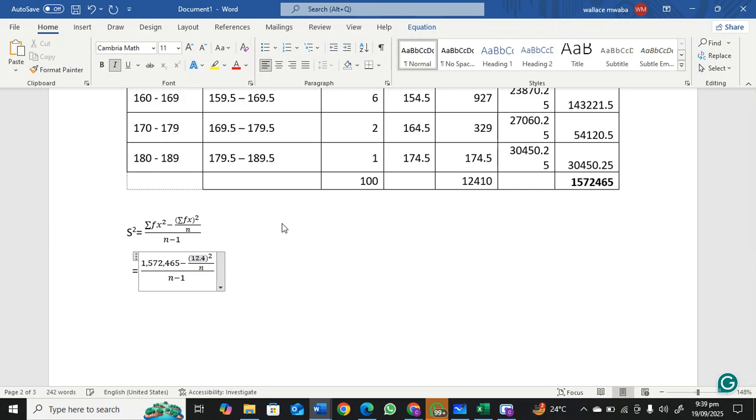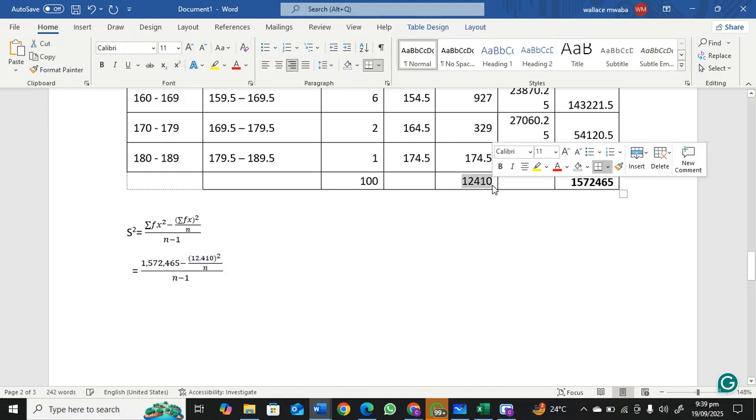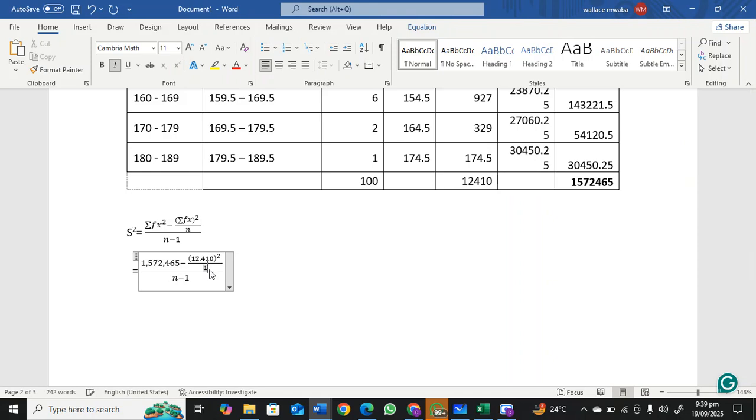Okay, so 12,410 is the summation of the frequency multiplied by the midpoint, over n. N is the total frequency. When you add up the frequencies, n is the total frequency.